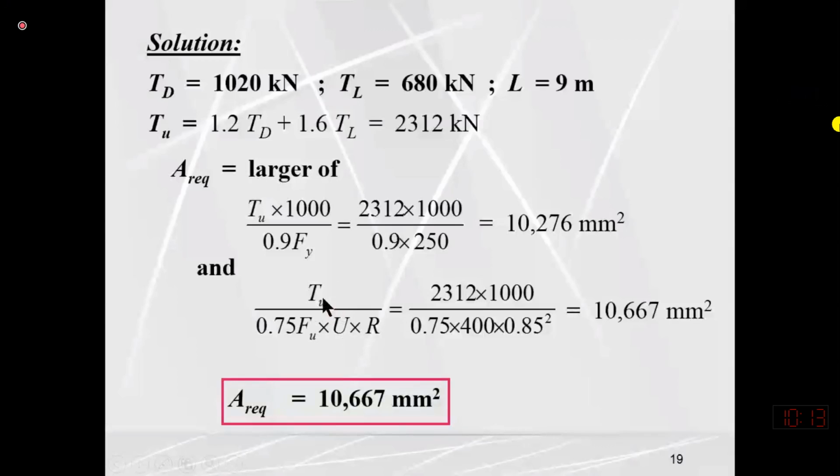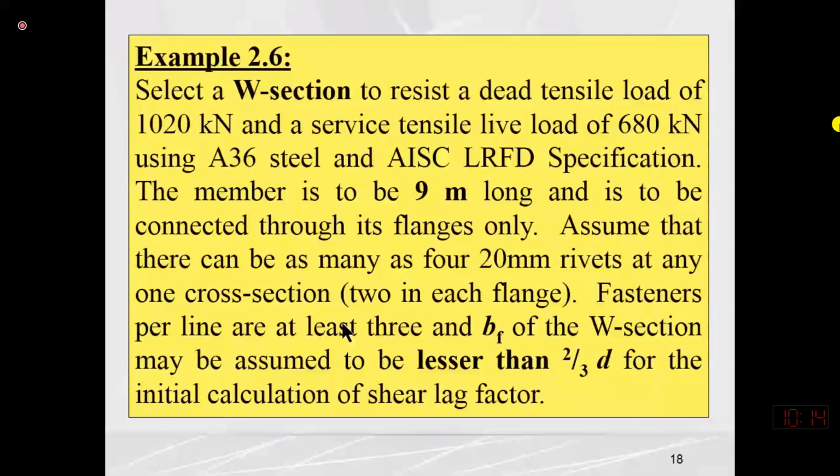For a W section, or wide flange section, or I section, the shear lag factor is also recommended by AISC. For the initial calculation, meaning the computation of the area required, assume that the BF value is less than 2 by 3D.